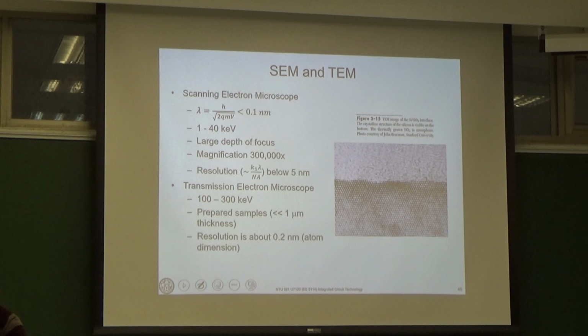Because electrons have a much smaller wavelength compared to optical wavelengths, the resolution can go down to about 0.1 nanometers. For example, this is a TEM picture. This is silicon and this is amorphous silicon dioxide, so you can see there's an interface here.